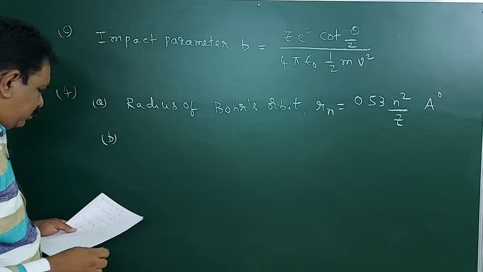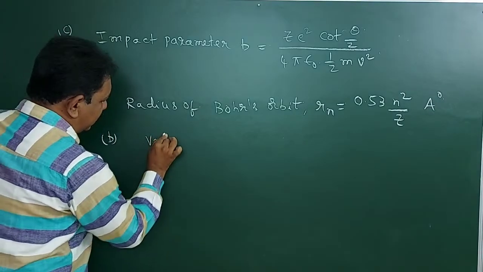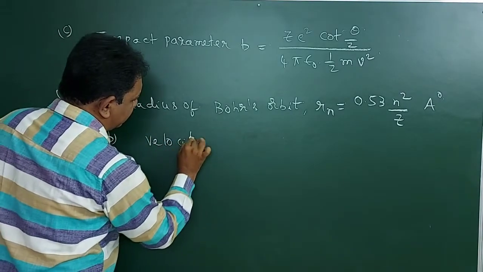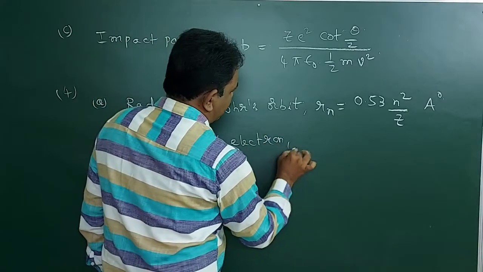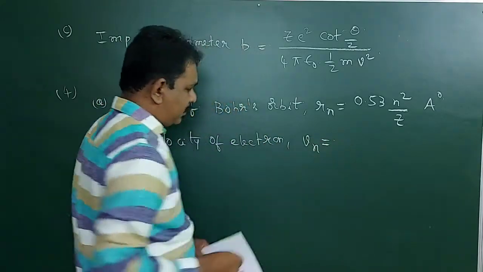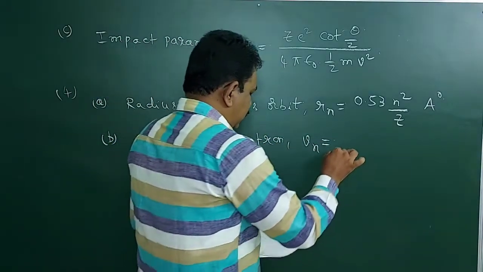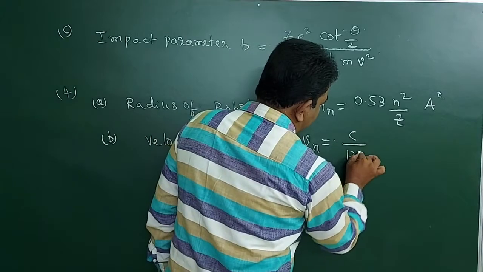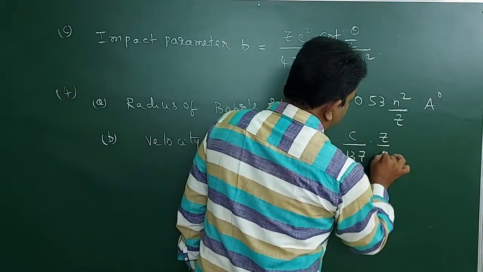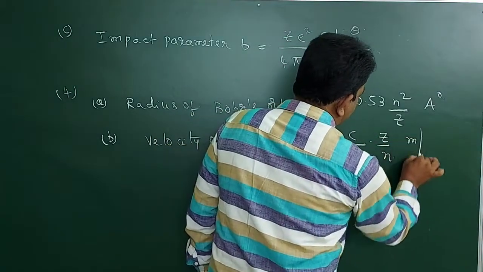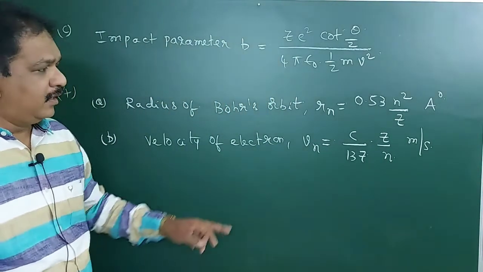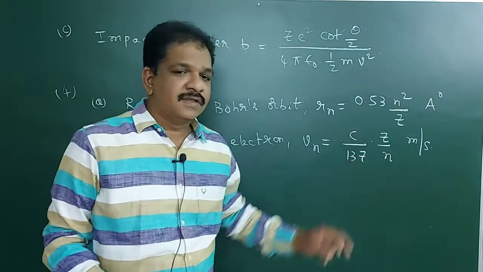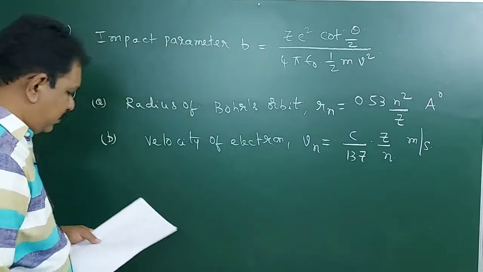Next, B, velocity of electron: vn is equal to c by 137 times Z by n meter per second. c is velocity of light, Z is atomic number, n is the number of the orbit.